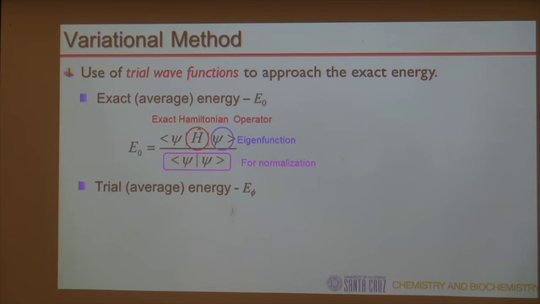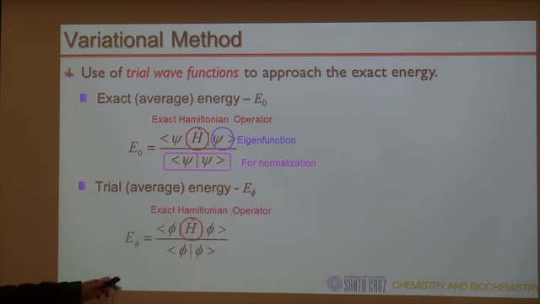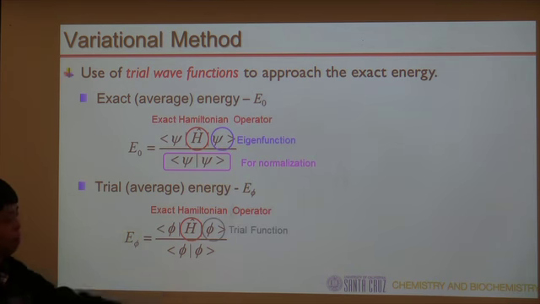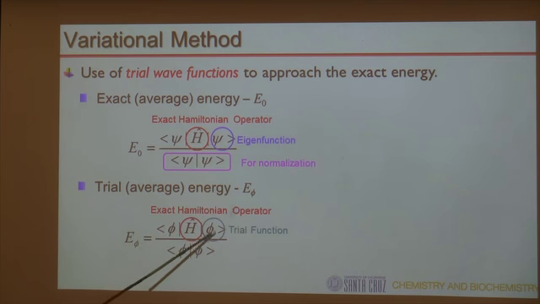We evaluate with trial wave functions, similarly to this one, also with the exact Hamiltonian operator, I mean with the troublemakers inside. But this time we use the trial function. Notice here I use different letters to represent them. They're actually different.